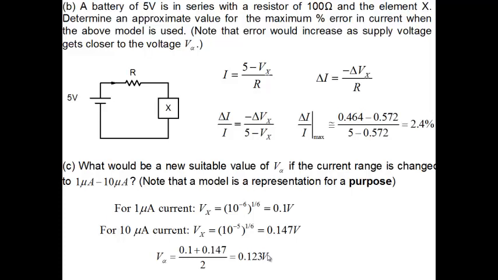So a very important point here is that when you are taking a device and approximating it by a certain model, we often forget that the model that we are making is valid over a certain range. The range of validity is very important. The earlier 0.572 model, a constant voltage of 0.572, was valid over 10 milliamperes to 100 milliamperes. That's the range. Now the other model is valid over the 1 microampere to 10 microampere range here.